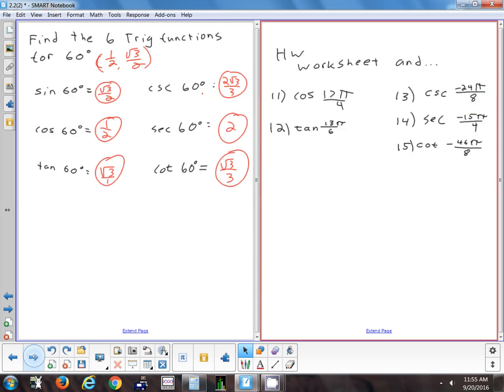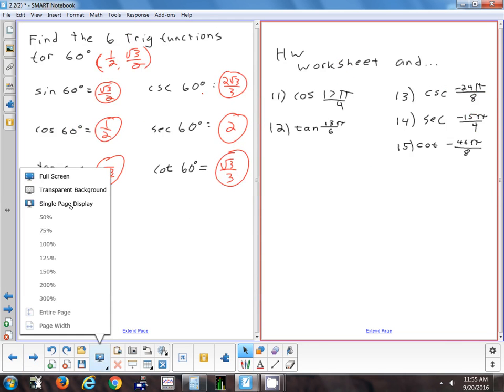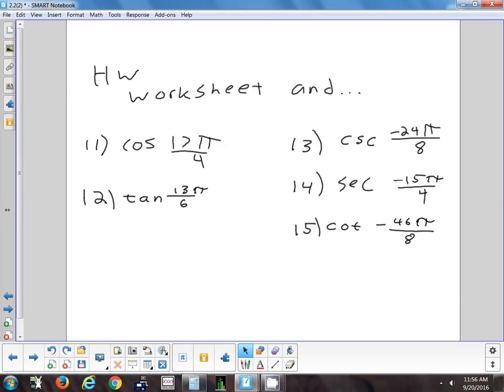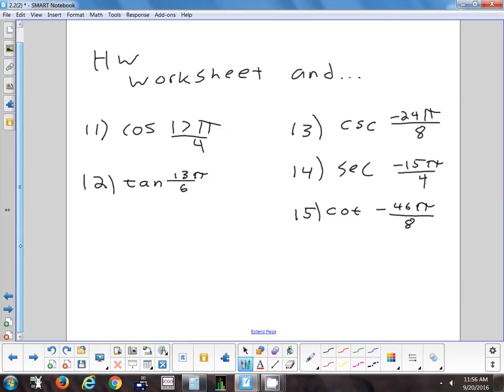All right. So the homework tonight will be a worksheet I'll pass out in a second, and these 5 extra problems. So these 5, you need to write these down. For every problem, I'll just show you one from the worksheet.